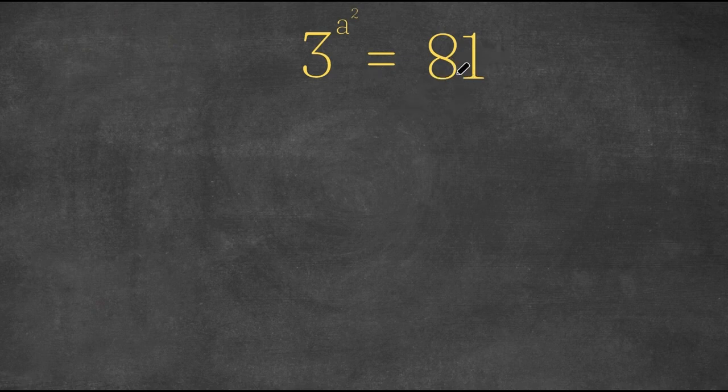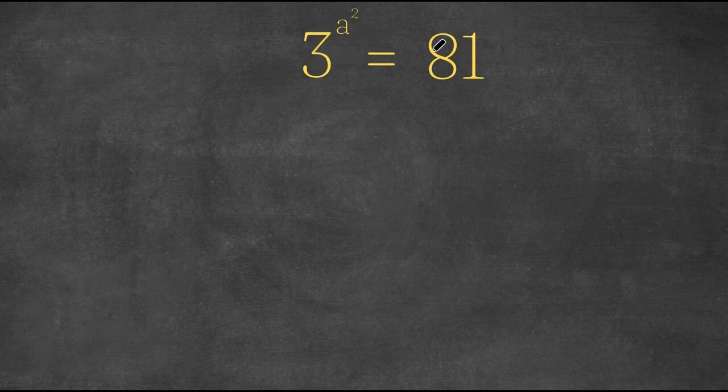Now what we want to do is make these two bases the same. We have 3 and we have 81. And we want to change one of these bases so that they're the same as the other. Well, 3 can't be simplified much more.